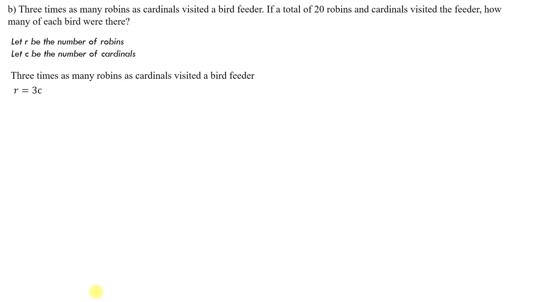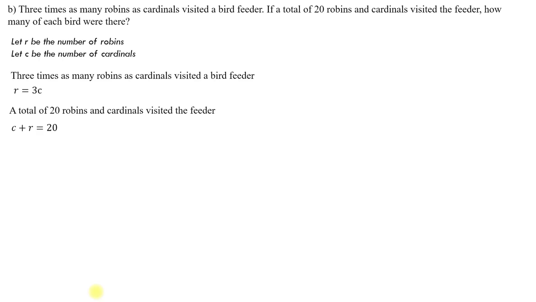Imagine there were 3 robins. 3 robins would equal 3 times the number of cardinals. Our second statement says that the total number of robins and cardinals is 20. We can represent this statement with the equation C plus R equals 20.